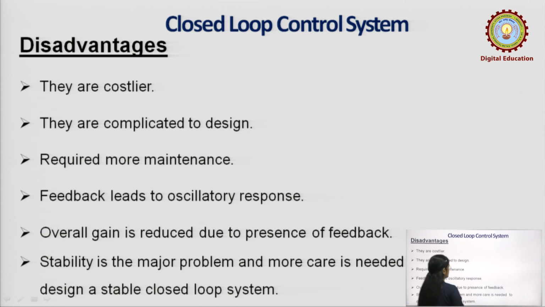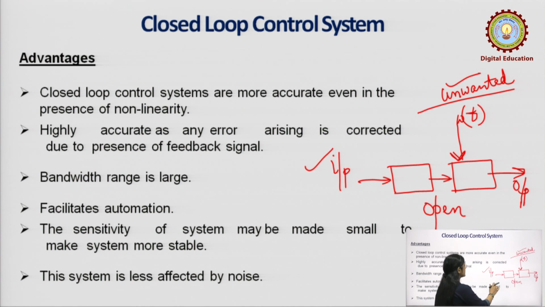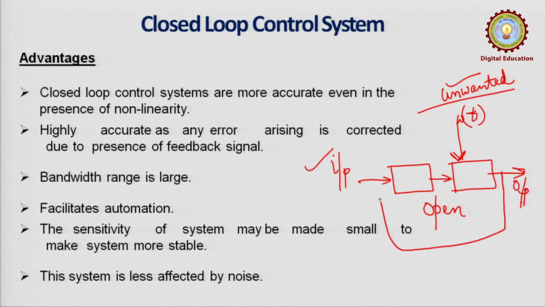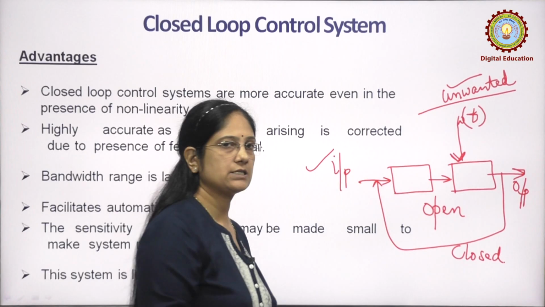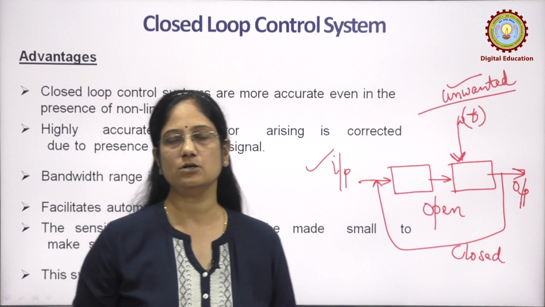In case of a closed loop system, this output is fed back to the input. So, whatever changes in the output occur due to the unwanted signal are also taken care of, and that output is being fed back. Therefore, the accuracy is improved with respect to the open loop system.